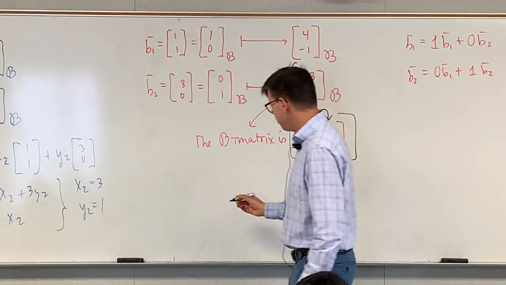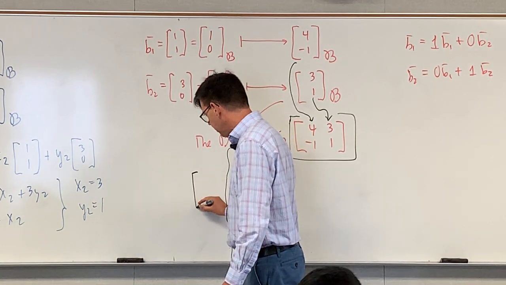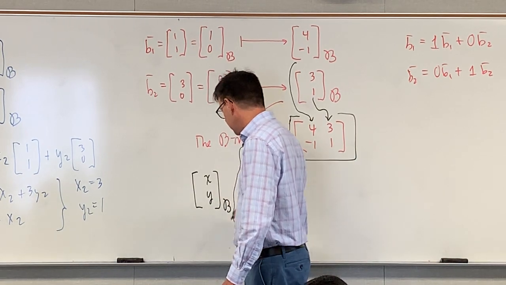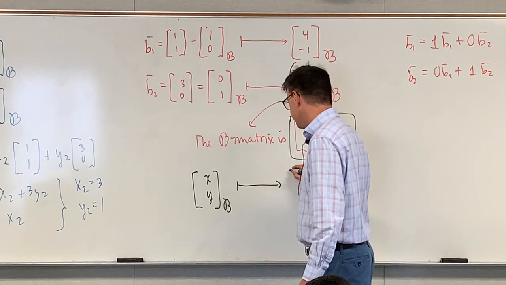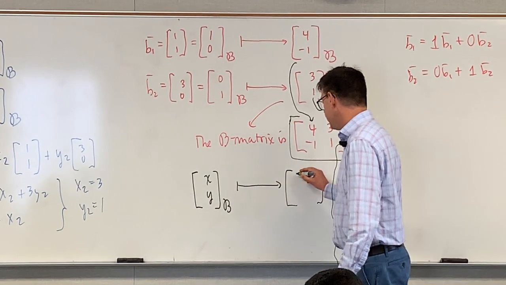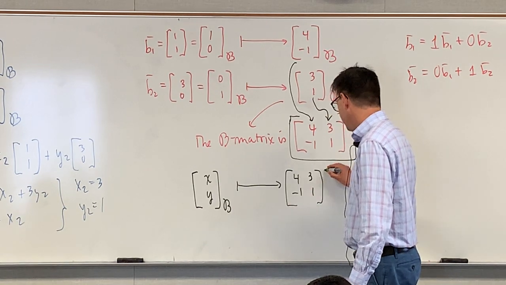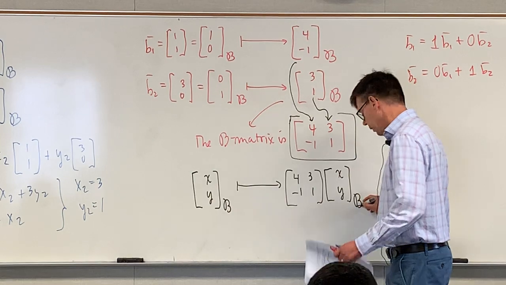And what is this thing? This isn't part of the work, but what we're saying is if you take the B coordinates of any vector, they're going to correspond under this linear transformation to the B matrix times those B coordinates.